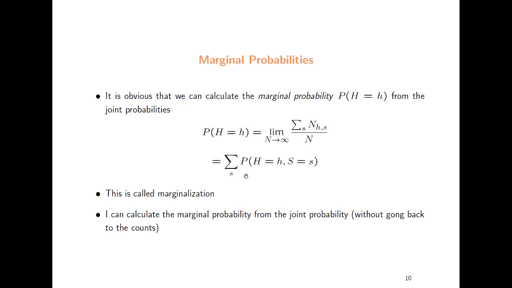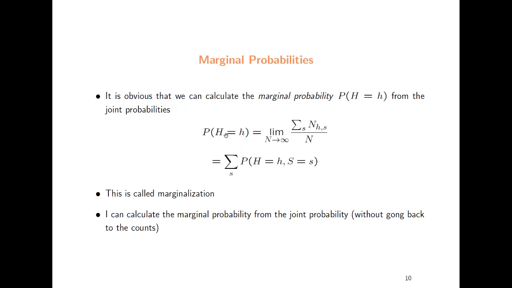This marginalization is a very important operation in probability, and hopefully it's easy and you can easily understand what's going on. This is called the joint probability of height and size, and we sum over, in this case, the second random variable, the size or the weight.